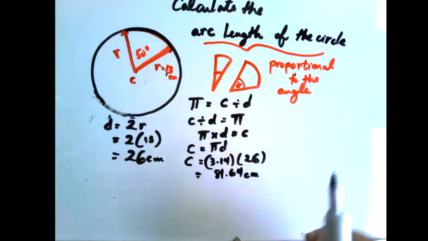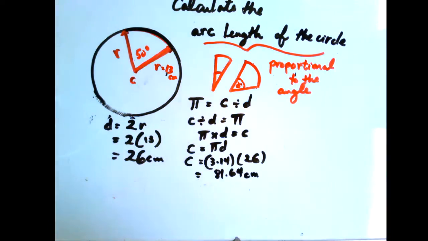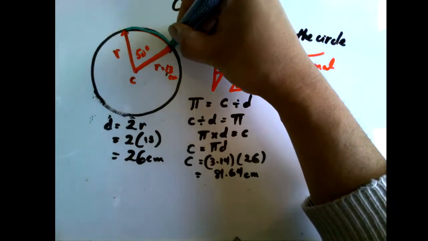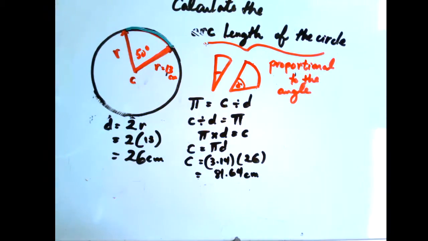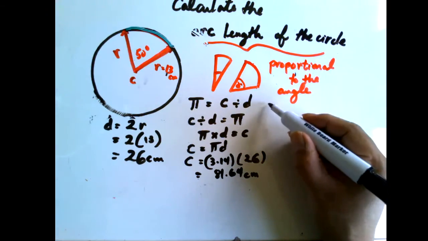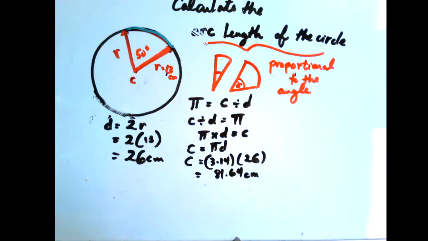Now, we're only interested in this arc. We're only interested in the value of this. So we calculate what I call the length of the arc. So here, let's use that color.